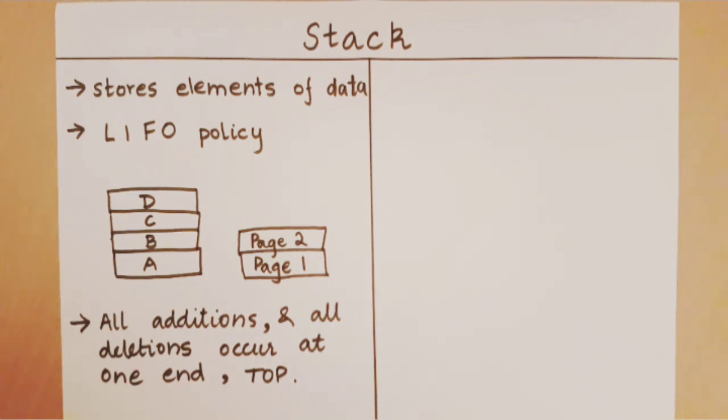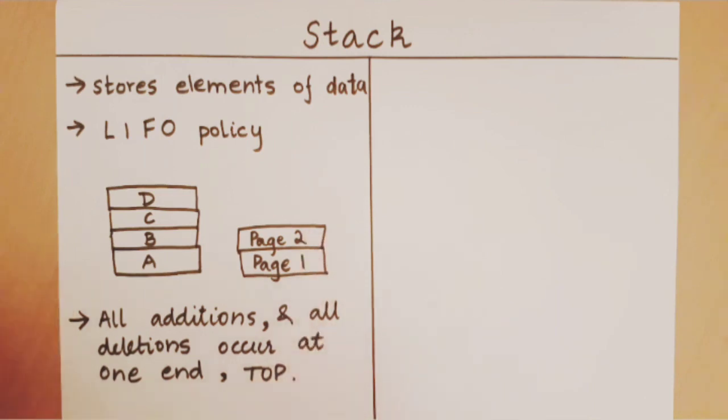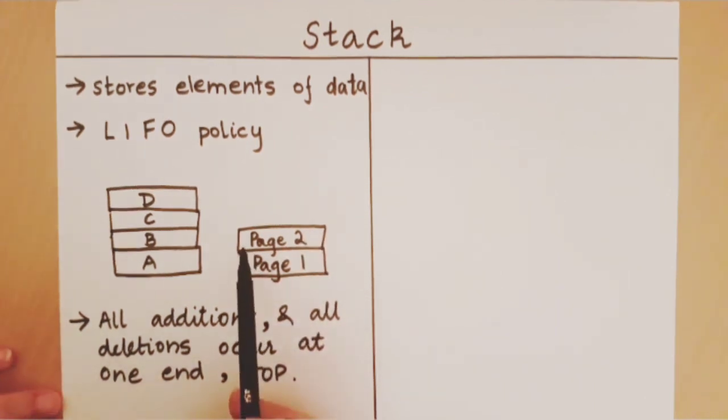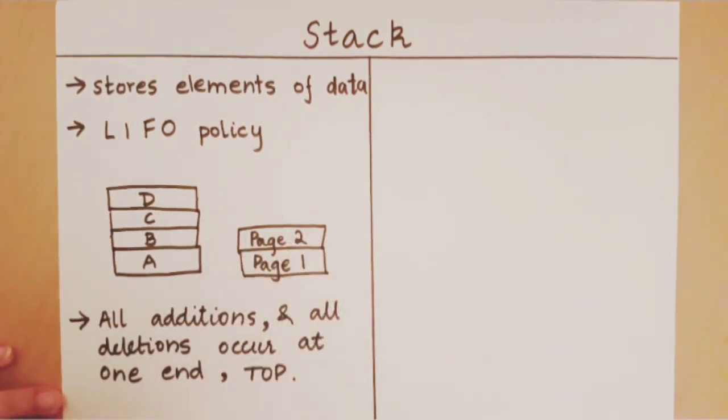When I click the back button on my internet browser, what it does is it will remove the topmost element of the stack. When it removes the topmost element from the stack, it will attain the address of page 2. When it removes the address of page 2 from the stack, it will put this address in the URL and we will be redirected to page 2.